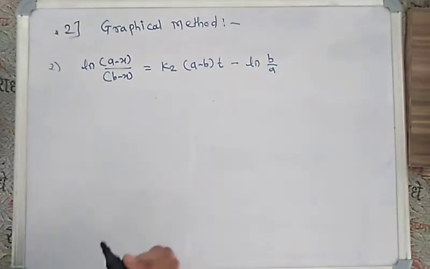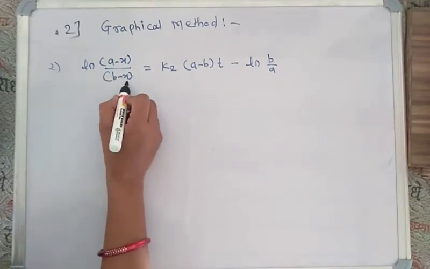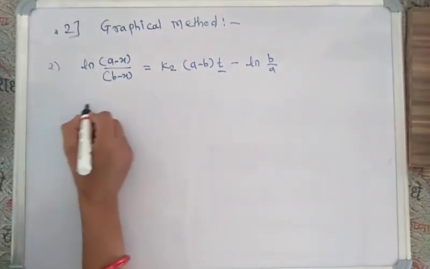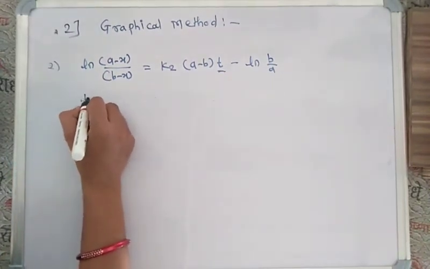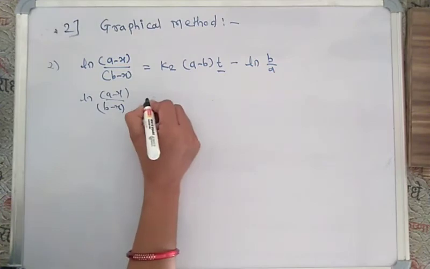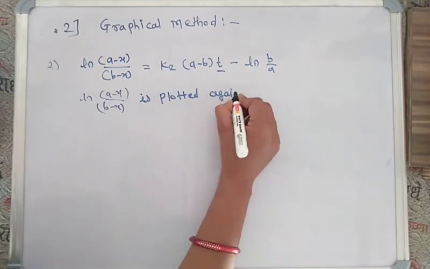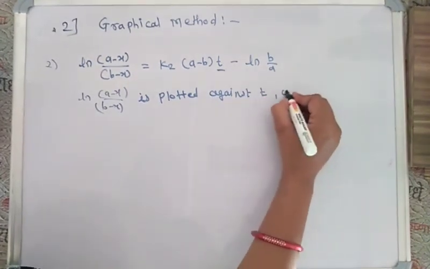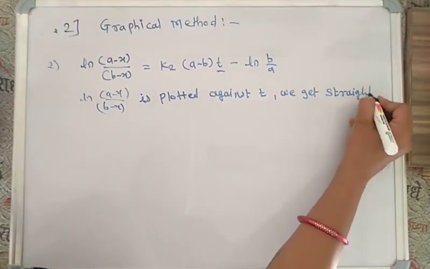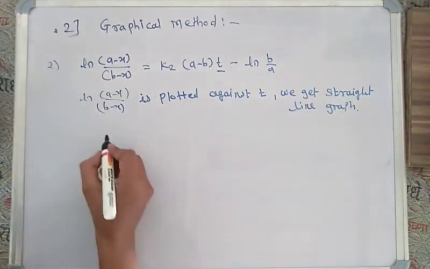By using this expression, if we plot the graph of ln of a minus x divided by b minus x against time t, we again get a straight line graph.